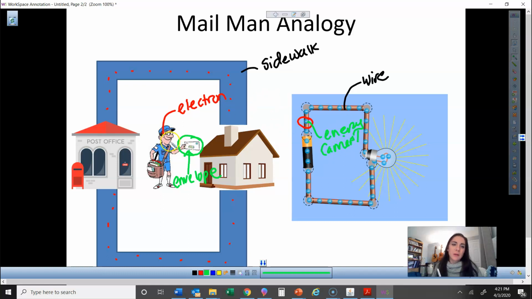So electrons carry energy, like the mailman carries the mail. But the mailman doesn't come with energy. It has to get it from somewhere, and that's what this post office is. The post office is the energy supplier. And that's what the battery is.